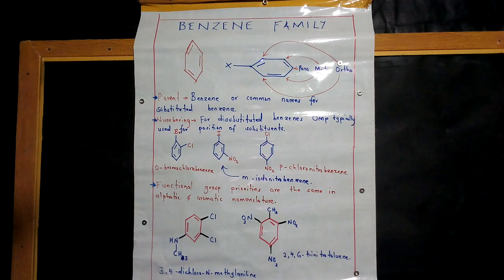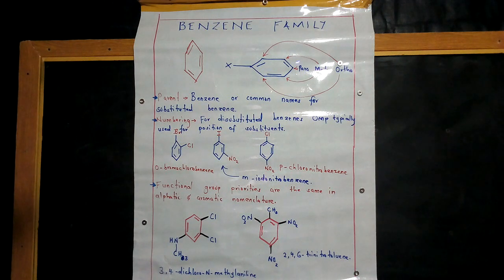Of course, at these particular junctions, there is one hydrogen atom at each of these specific points. So they will be substituted by another group, maybe chloro, bromo, methyl, etc. For numbering the substituted benzenes, we typically use ortho, meta, and para. That is for the positions that we have mentioned.